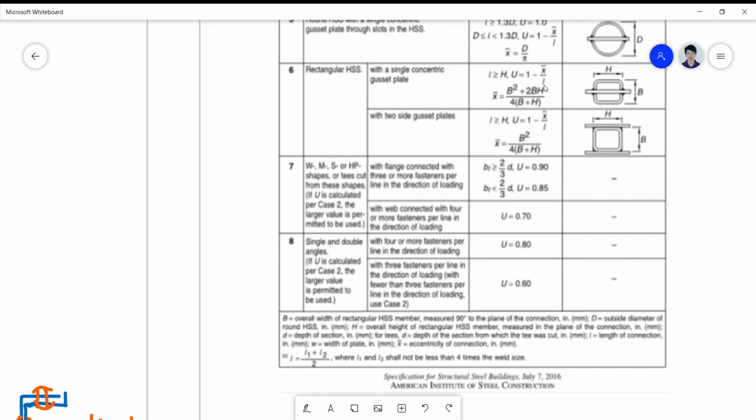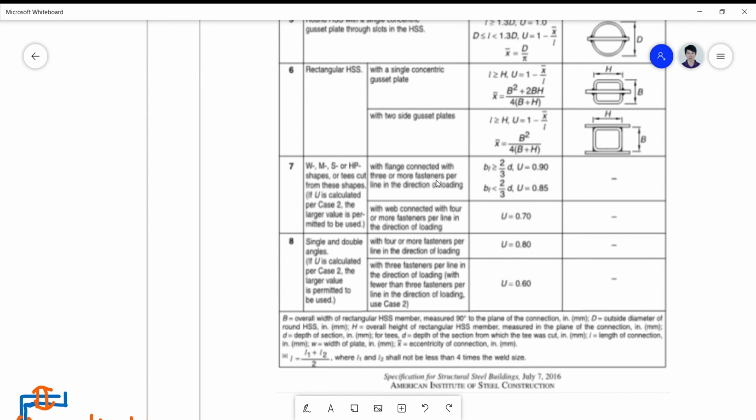Okay, so if all the values here are given, then you can simply get your U on the basis of these dimensions. Okay, for 7 and 8, this refers more to bolted connections because we are talking here of fasteners in terms of bolts and rivets.